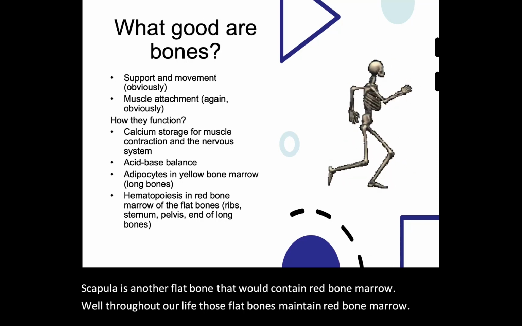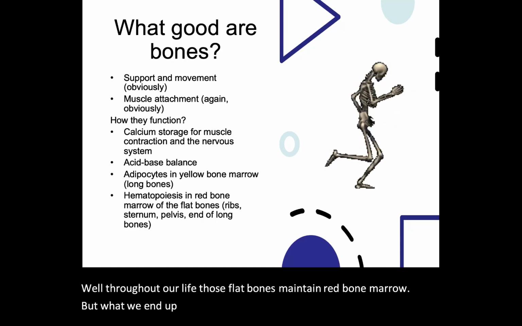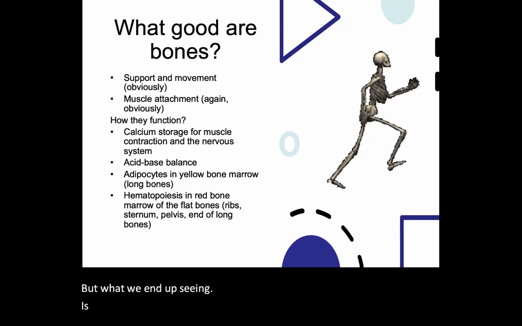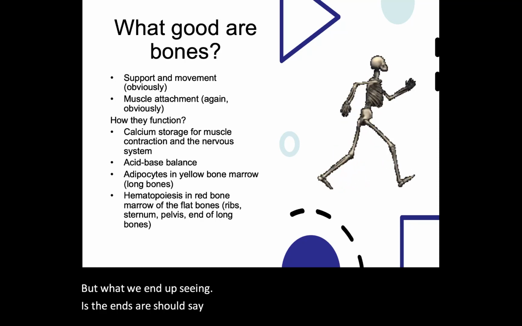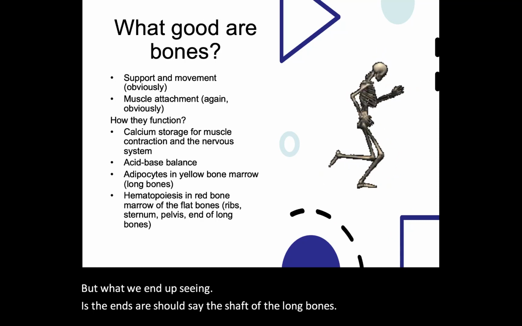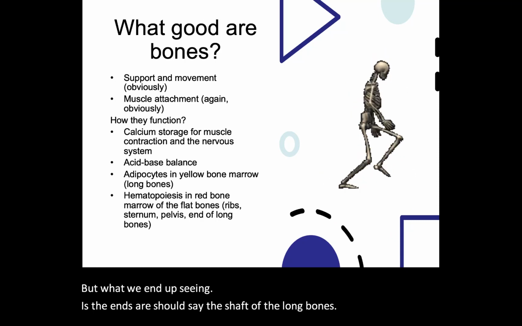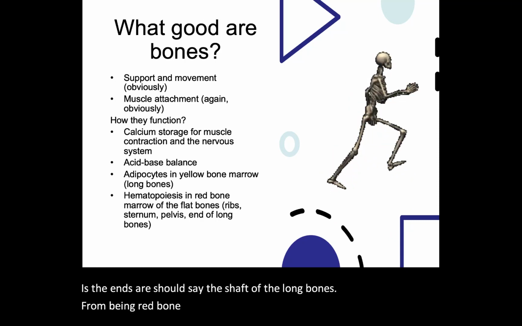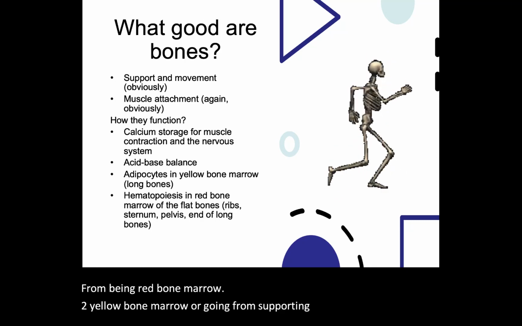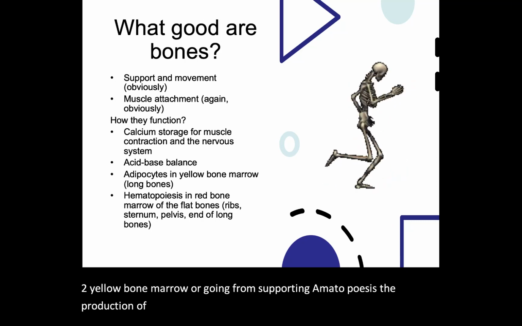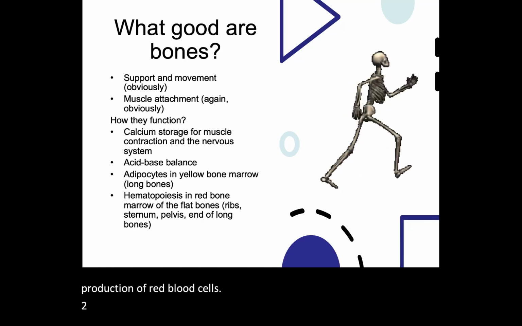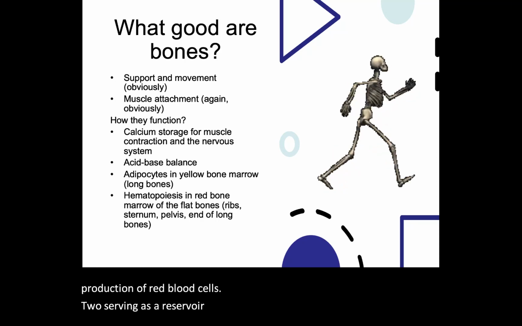Throughout our life, those flat bones maintain red bone marrow. But what we end up seeing is the shaft of the long bones transition from being red bone marrow to yellow bone marrow, or going from supporting hematopoiesis, the production of red blood cells, to serving as a reservoir of energy.